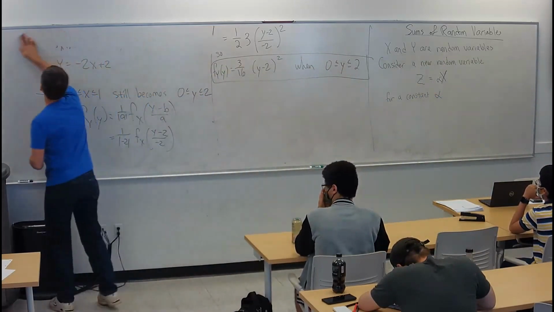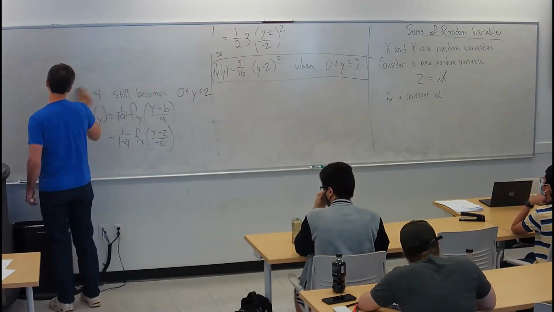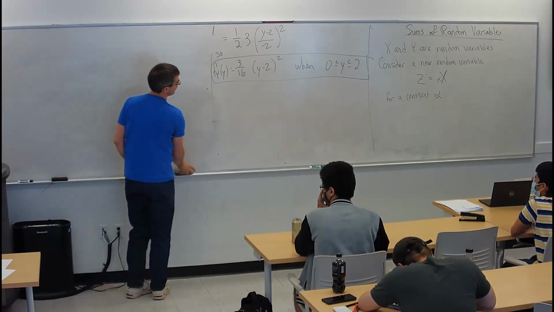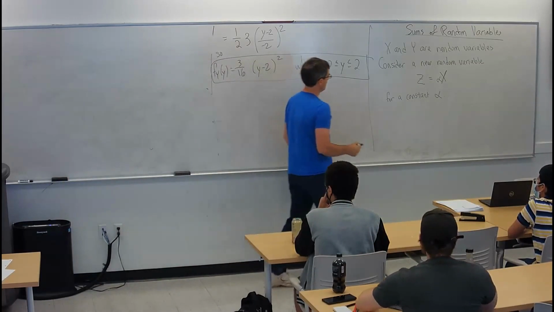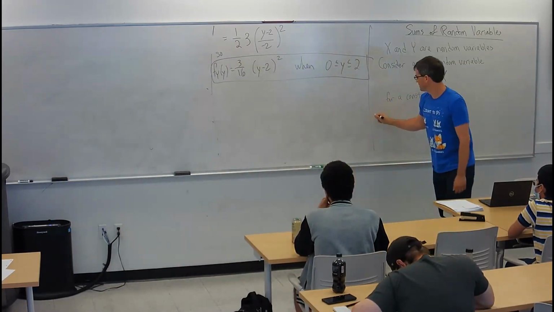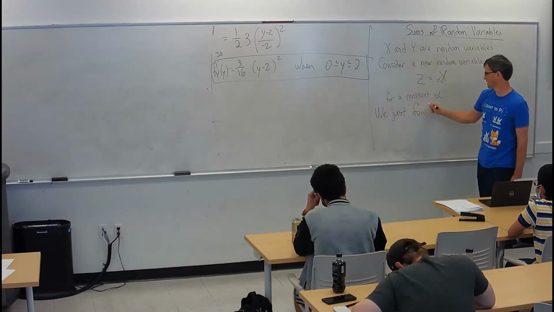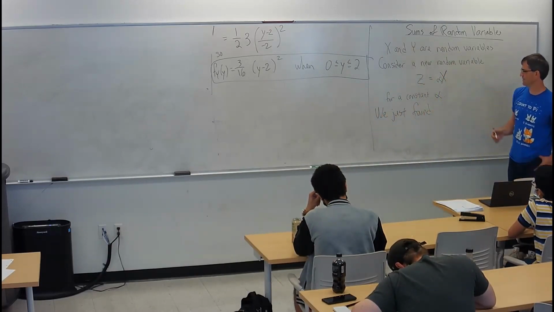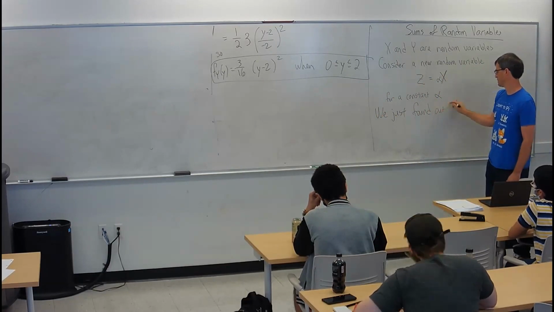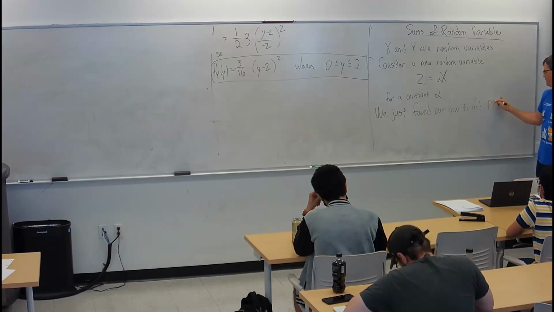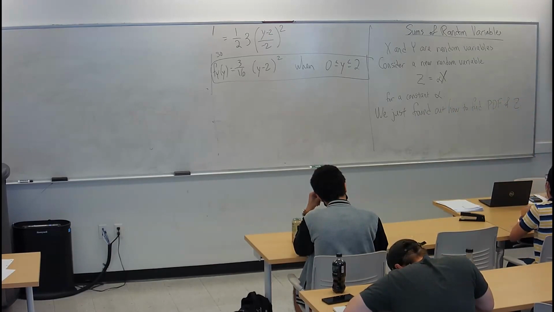And let's see what happens to things like expectation. So the work we just showed will give us the PDF of Z. Now we had different versions for continuous and discrete.